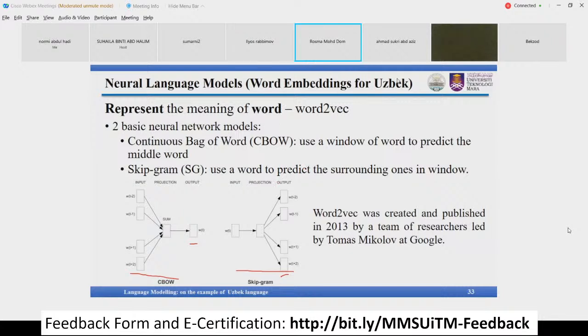Probably, yes. But there are many problems, because there is very huge training data. We need to take into account the amount of training data and computing costs.